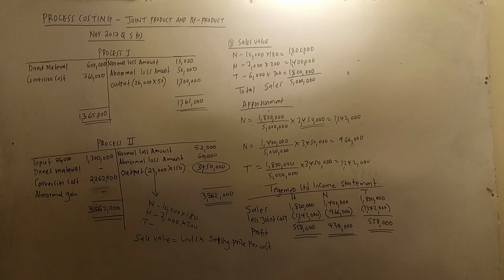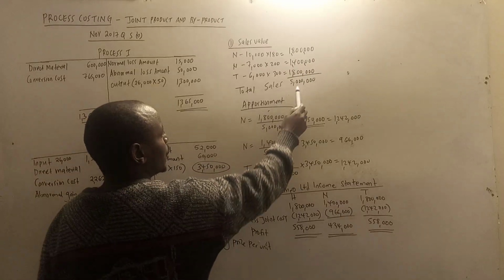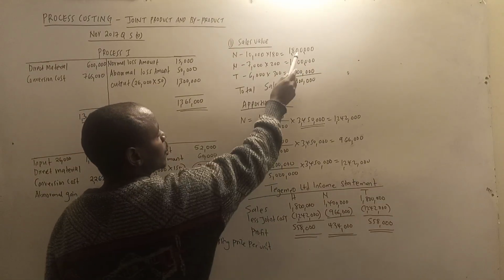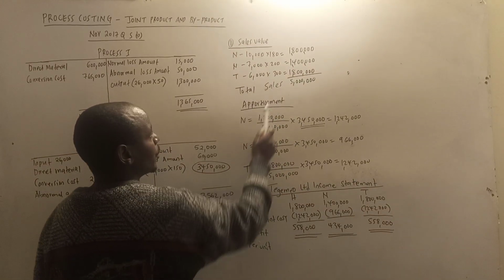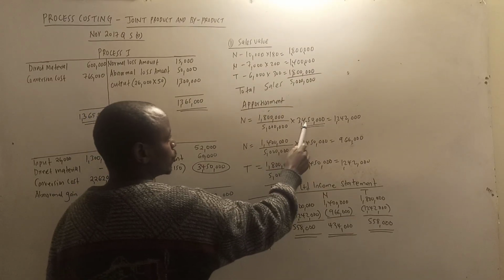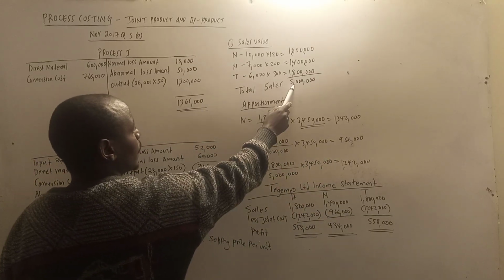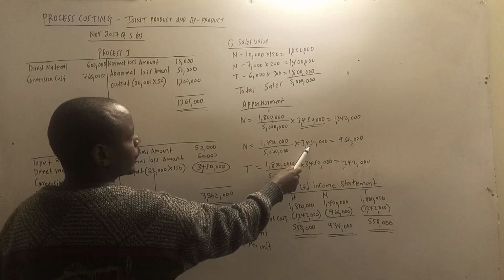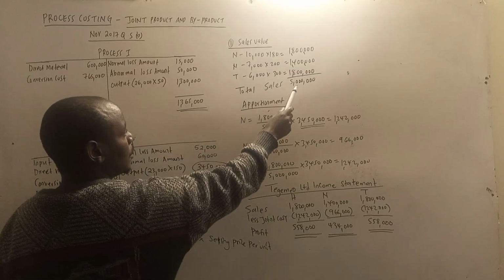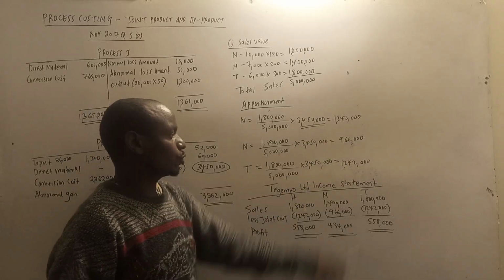So we split using the sales value method. 1,800 divided by 5,000 times the joint cost 3,450 gives 342. You also do for N, 14 divided by 5,000 times 3,450. Then for T, 18 divided by 5 million times 34. Then you get your joint cost.